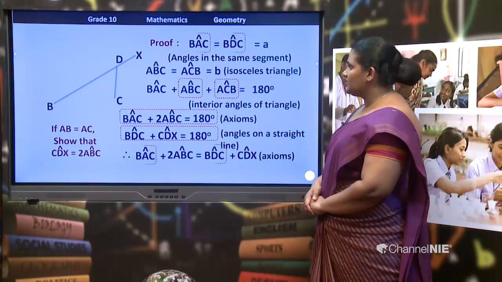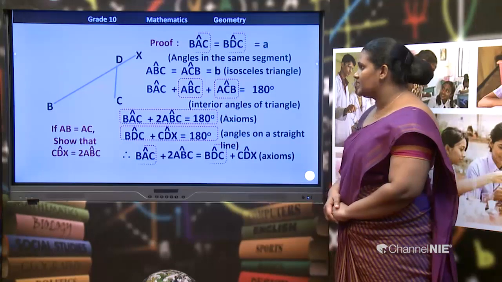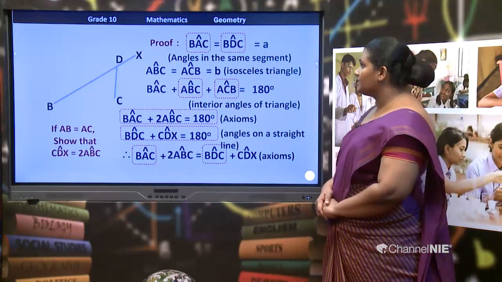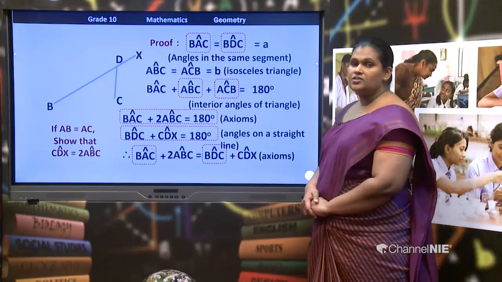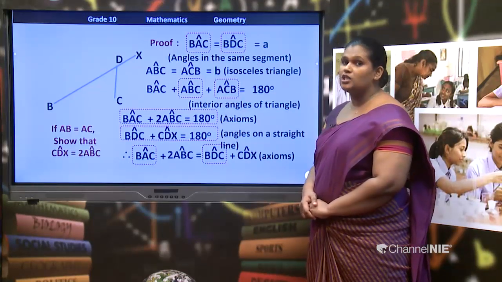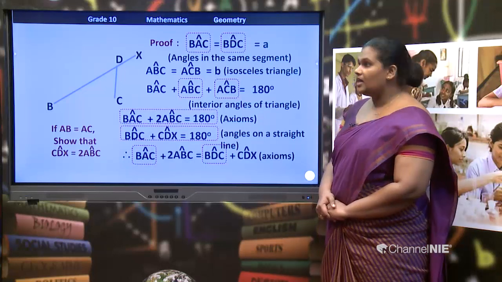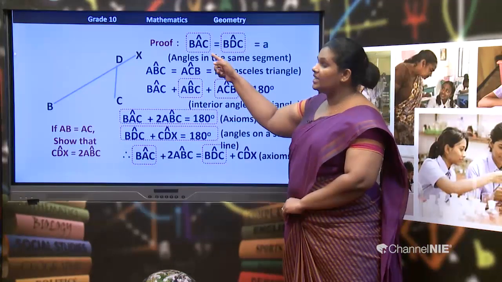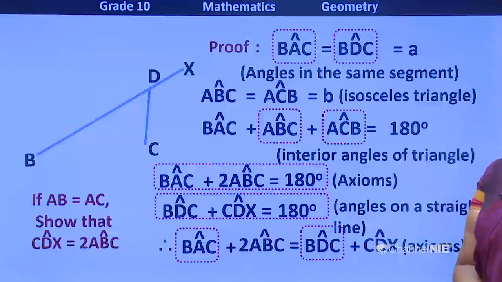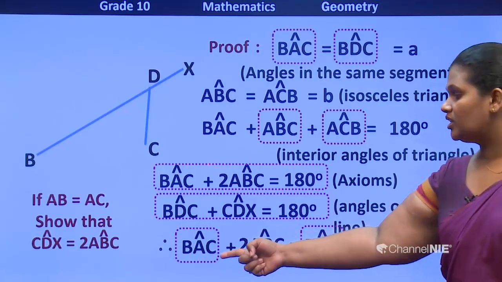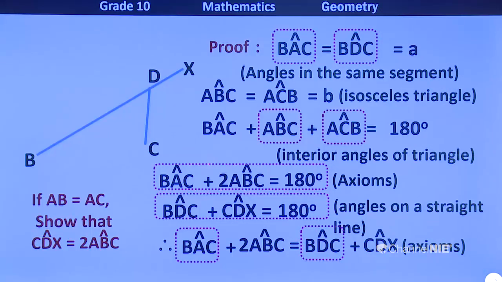Since angle BAC is equal to angle BDC, I can subtract these from both sides. Since these two angles are equal in magnitude, when I subtract them from both sides, both values get omitted.